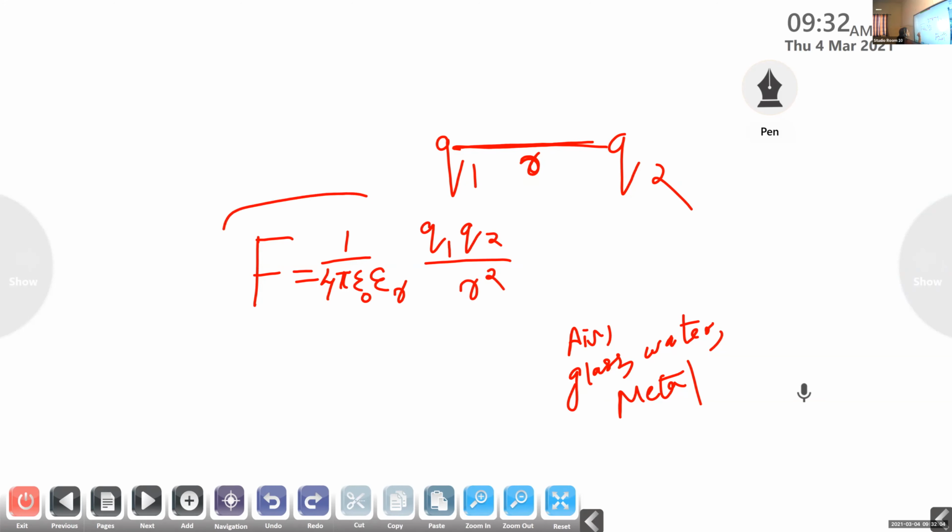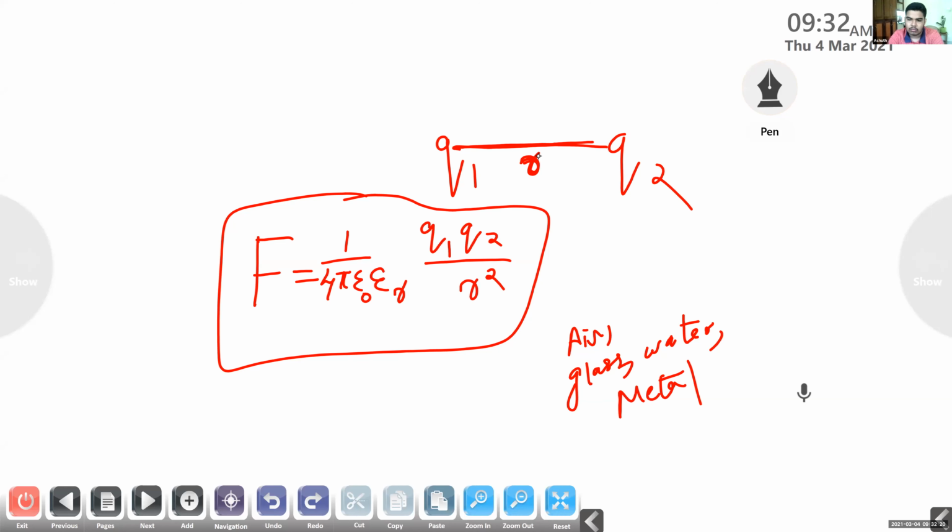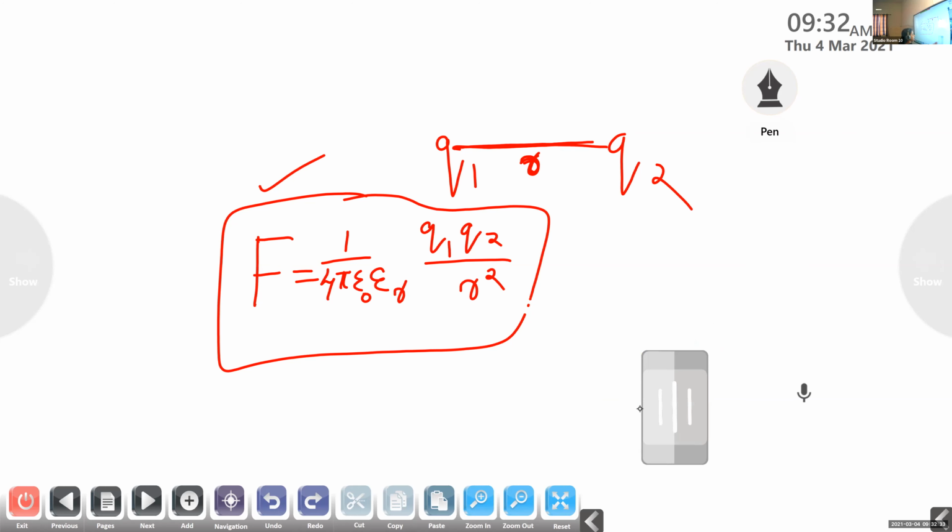So what is the modification that we made in the second case? We take the same charges Q1 and Q2, separated by a distance R, but between these two charges we place a material medium in the form of glass, water or metal. Then a slight modification arises in Coulomb's law. That is F is equal to 1 by 4 pi epsilon 0 epsilon R Q1 Q2 divided by R square.